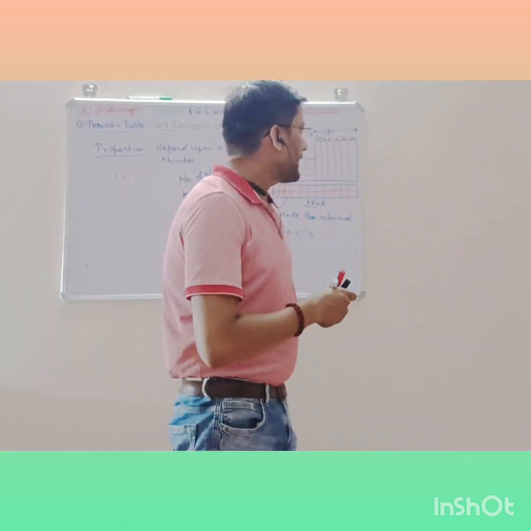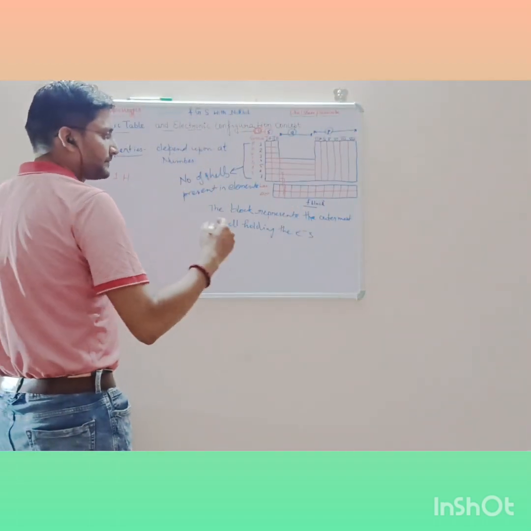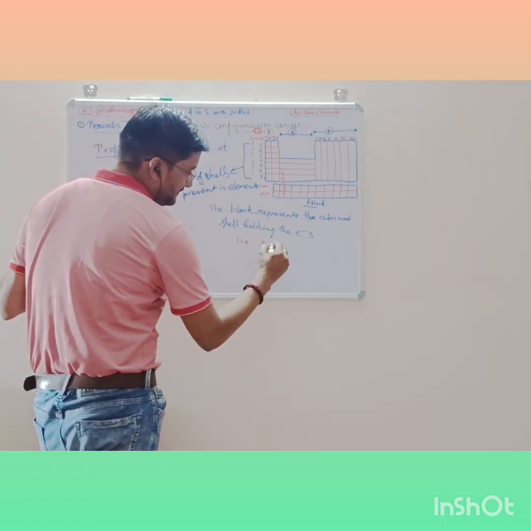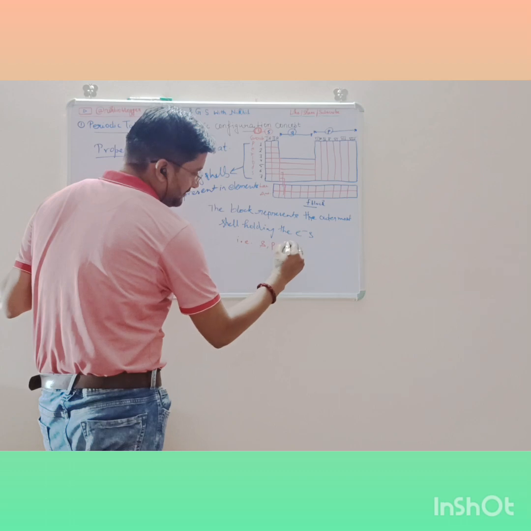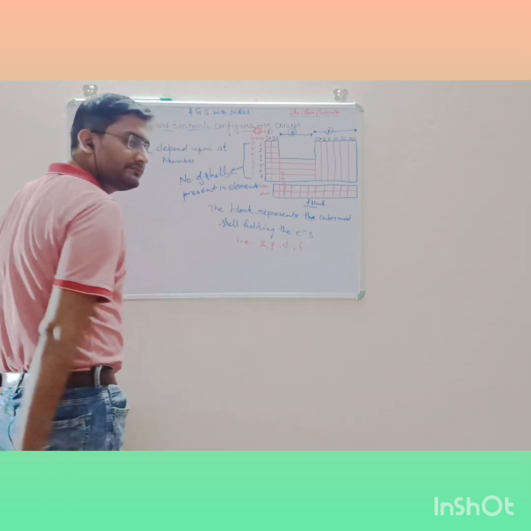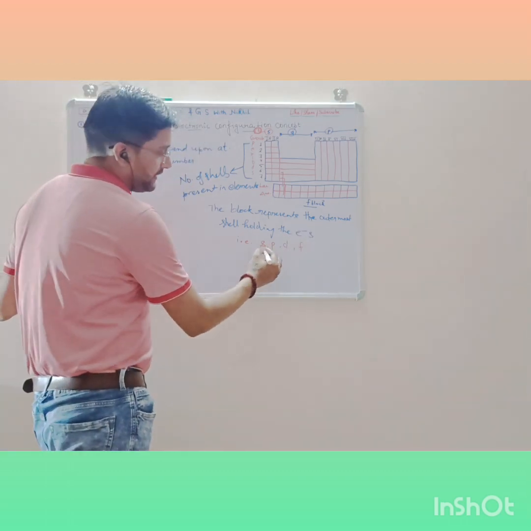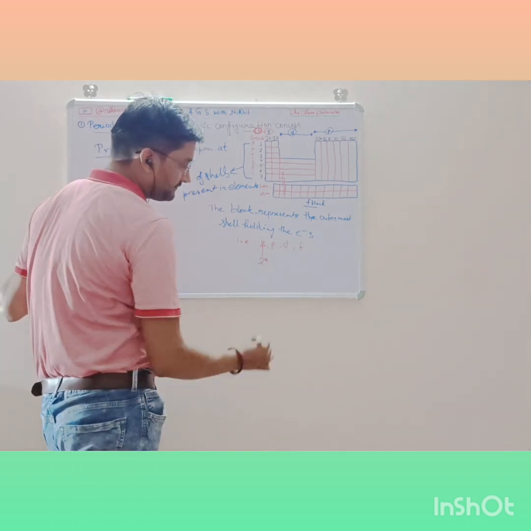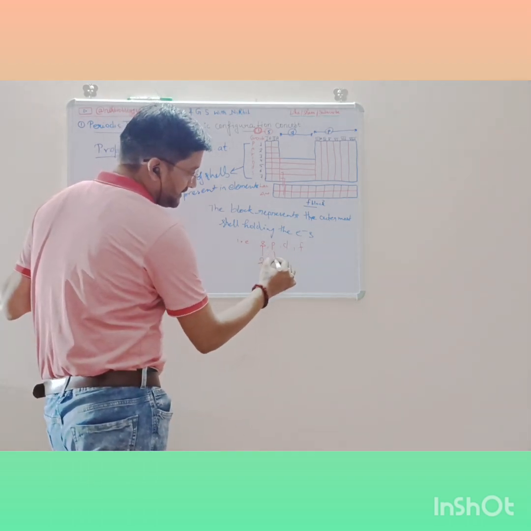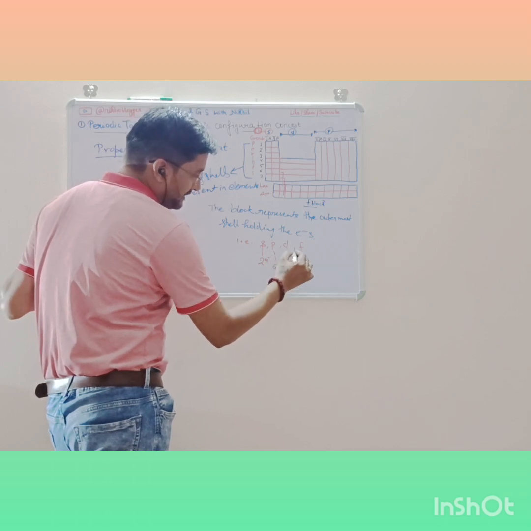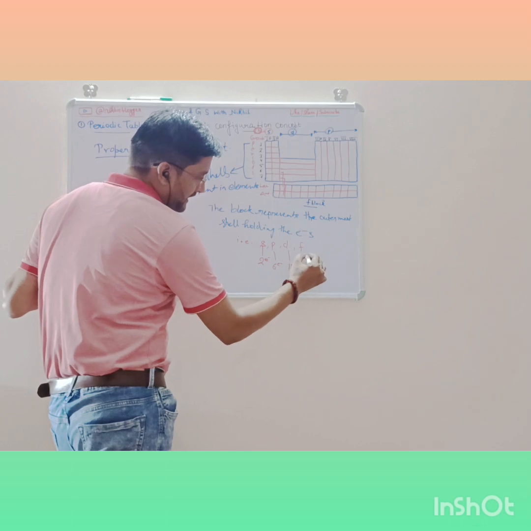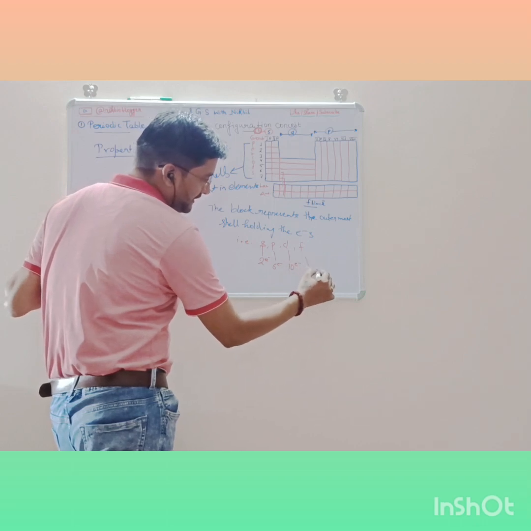So we are having 4 cells, that is S, P, D and F. Here I would like to tell that S is having maximum 2 electrons, P is having maximum 6 electrons, D is having maximum 10 electrons and F is having maximum 14 electrons, right?